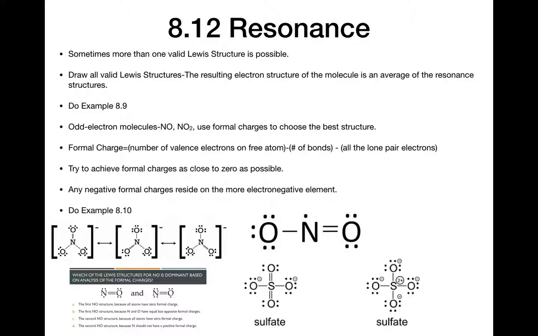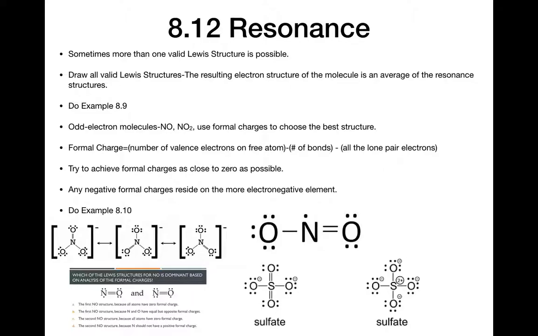Here we allow for this to be -1, +1, and not 0, because oxygen is the more electronegative element. And you really can't improve on this without giving a positive formal charge to oxygen if you were to place the single dot on oxygen.